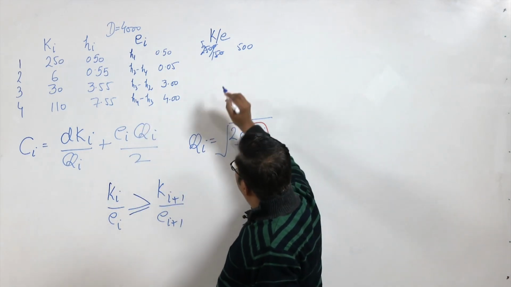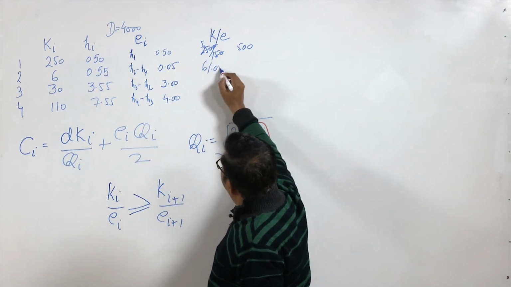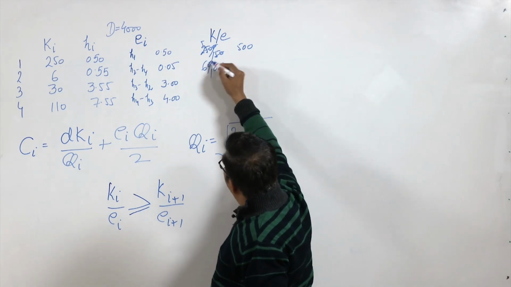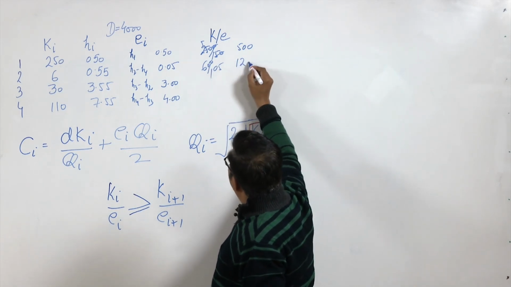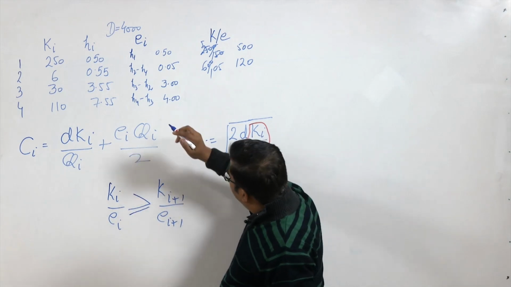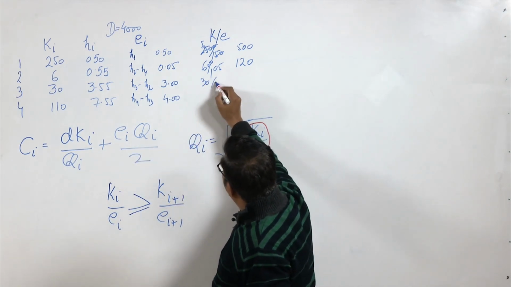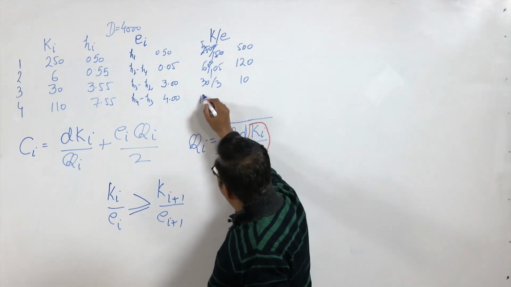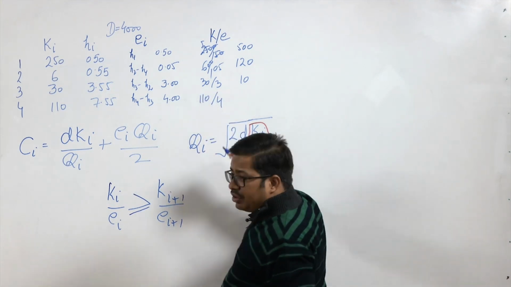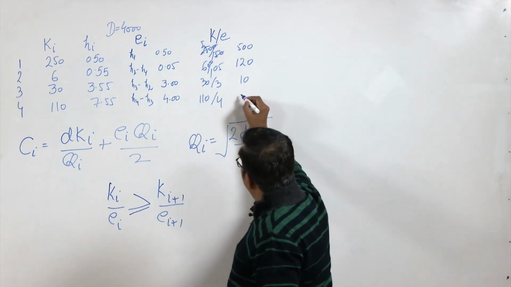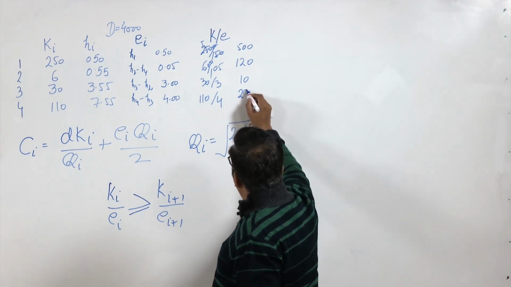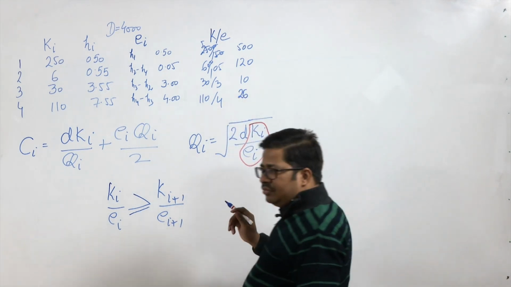Then 6 upon 0.05, this is 120. Then 30 upon 3, that is 10, and then 110 divided by 4, so this is 26.5.